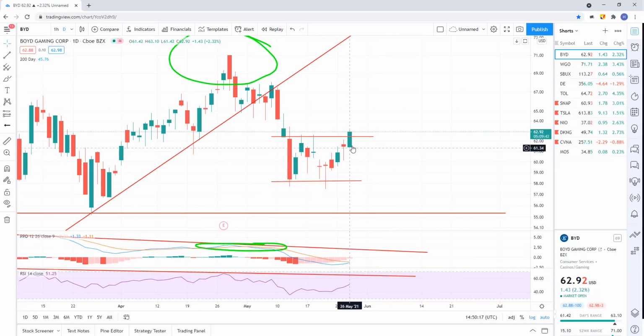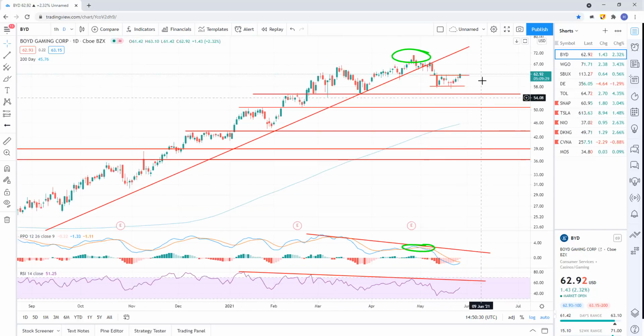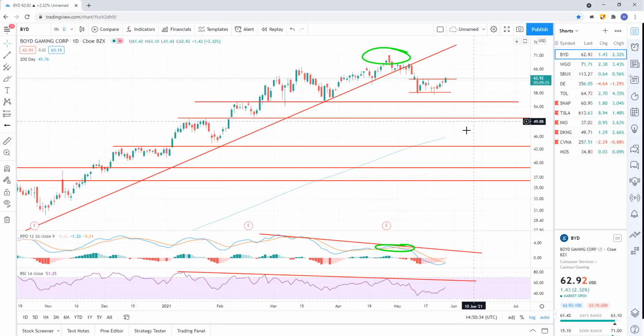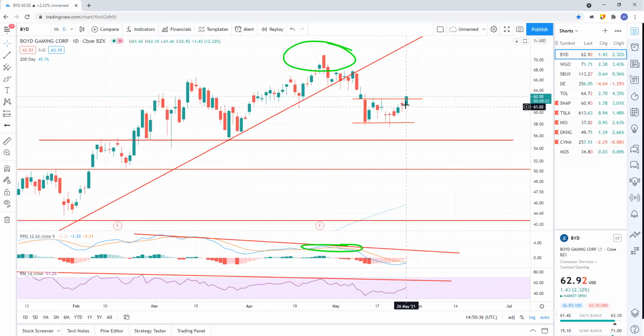So this Boyd looks like it wants to backtest. All right. So I don't know if we're going to get all the way up here, but it might make a move towards there and kind of chop around a little bit. I still think whether it goes up, I like this to go down. And that's the thing. I don't know how far it's going to go up or even if it's going to backtest. It could fail here today.